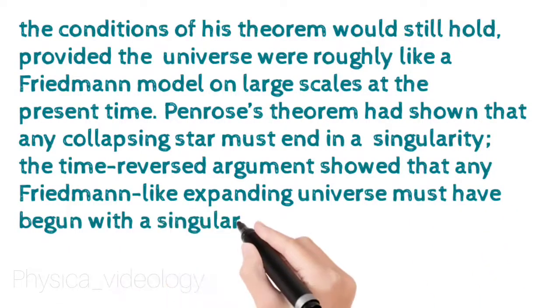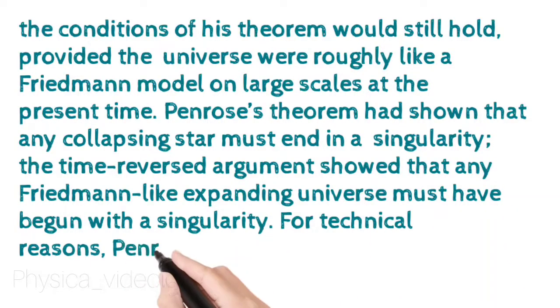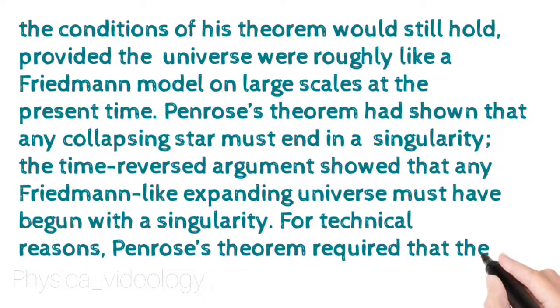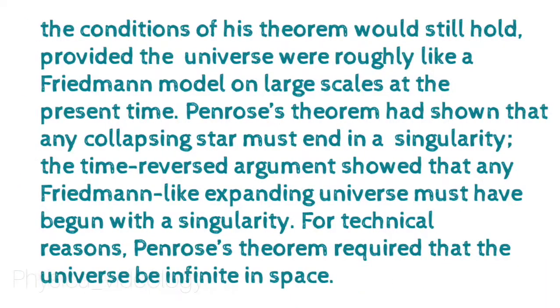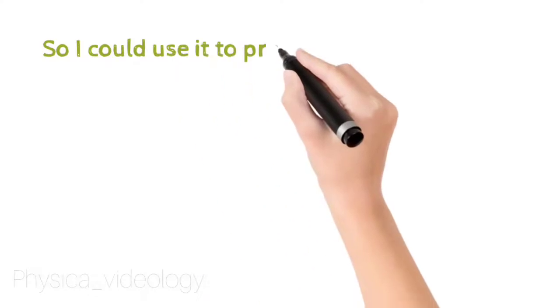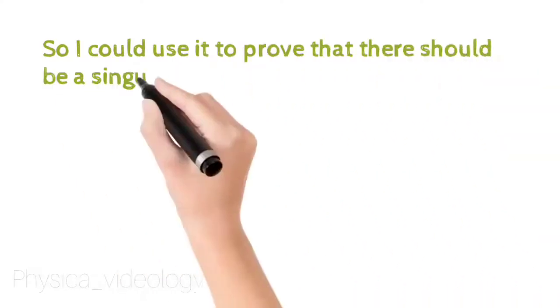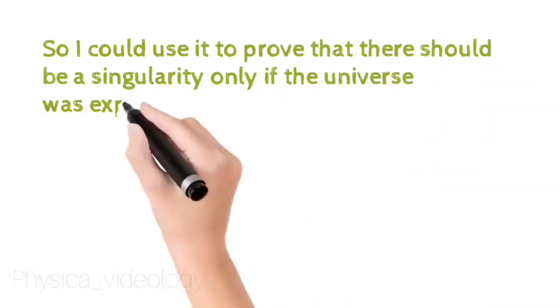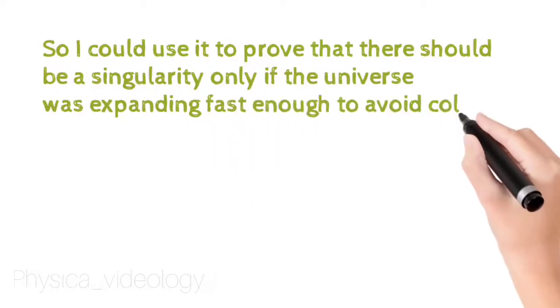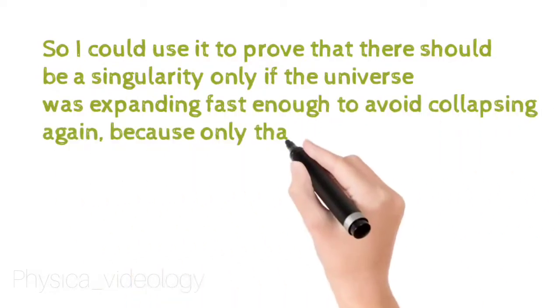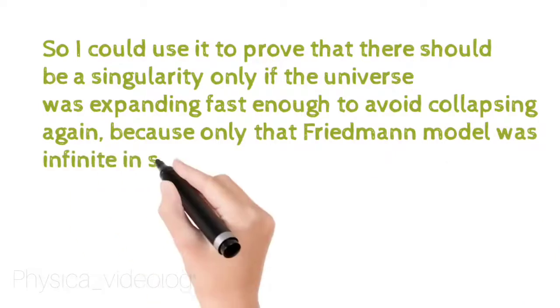For technical reasons, Penrose's theorem required that the universe be infinite in space. So I could use it to prove that there should be a singularity only if the universe was expanding fast enough to avoid collapsing again, because only that Friedmann model was infinite in space.